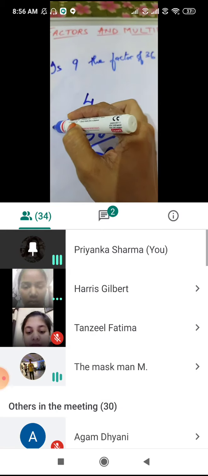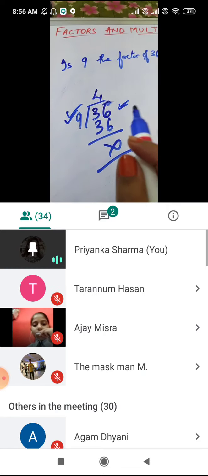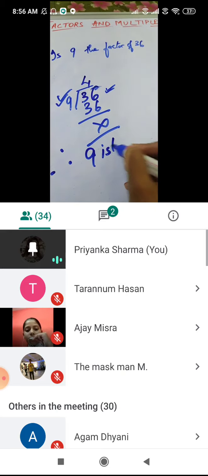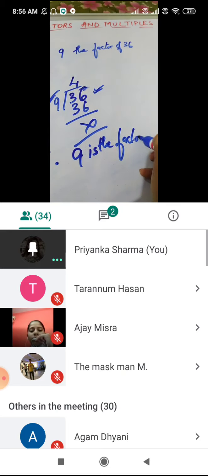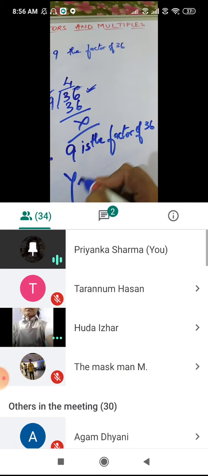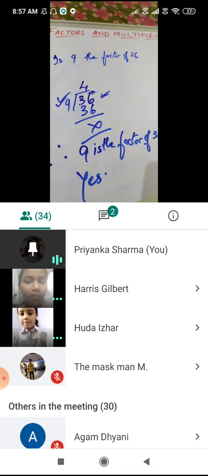This shows that 9 is the factor of 36. So what answer are we going to write? We are going to write, therefore 9 is the factor of 36, and the answer will be yes. Clear?